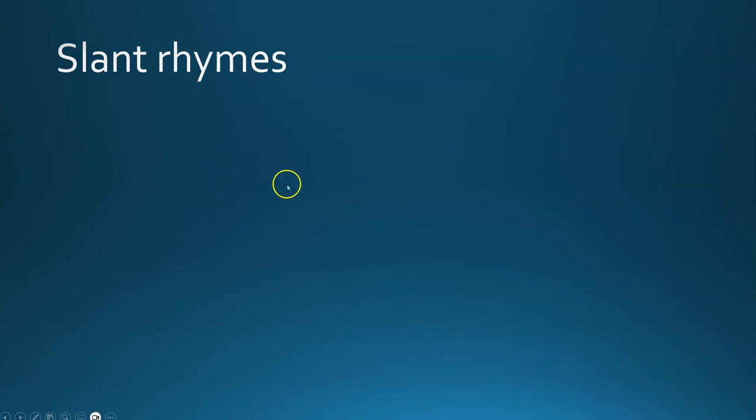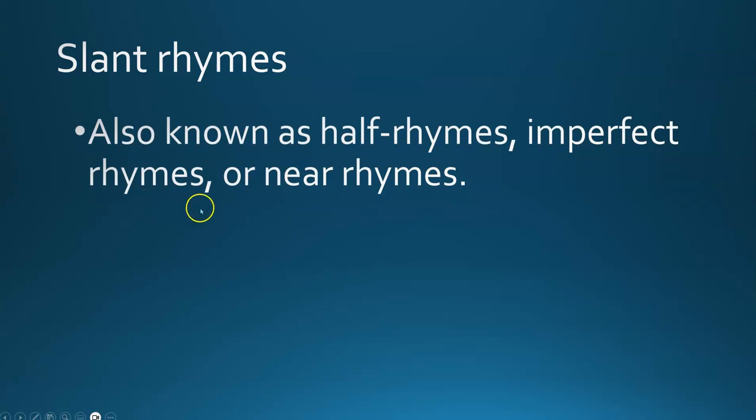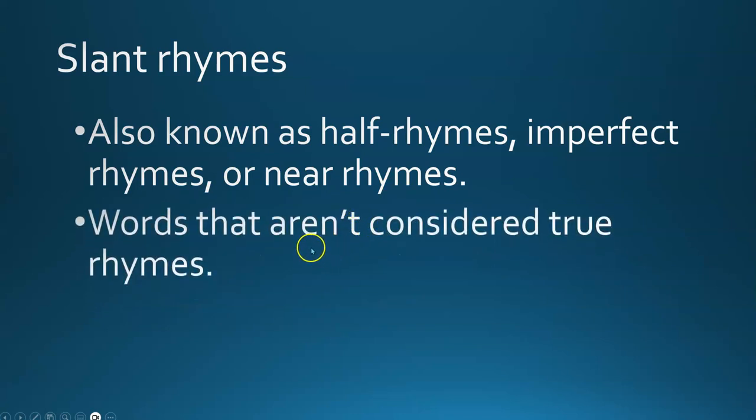Okay, and then let's talk about slant rhymes. These can also be known as half rhymes, imperfect rhymes, or near rhymes, and we've seen these throughout the video so far. And these are words that aren't considered to be true rhymes. For a true rhyme, generally you have the last vowel sound and the last consonant sound be the same, like dark and park, right?